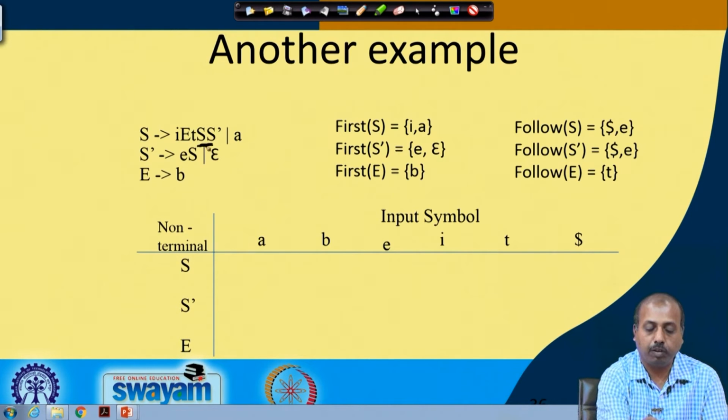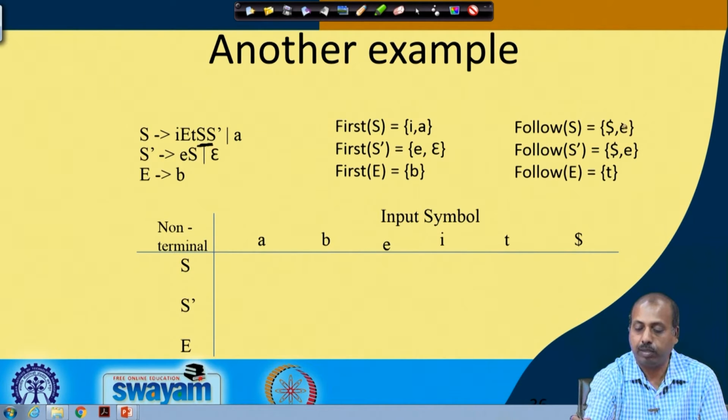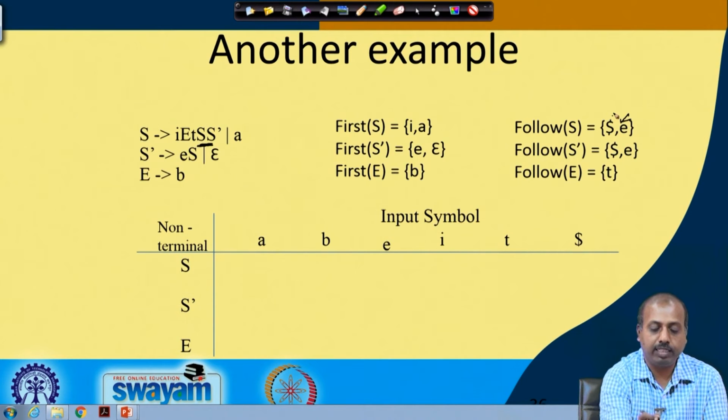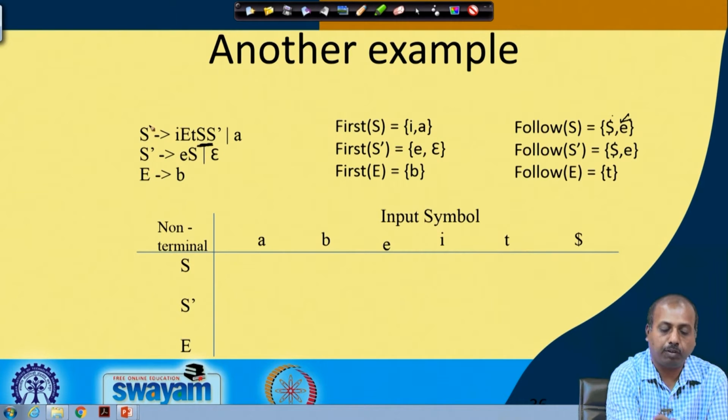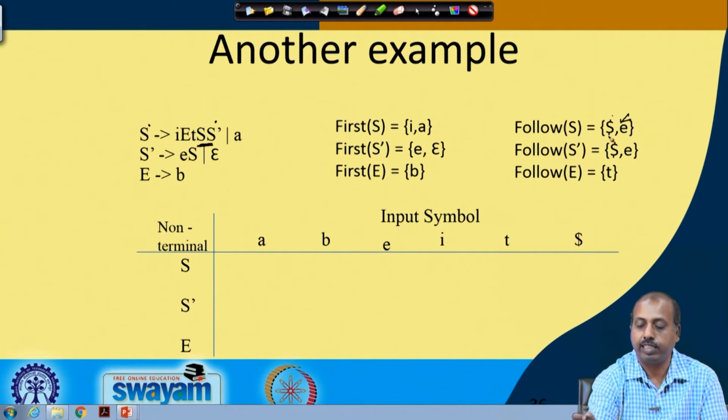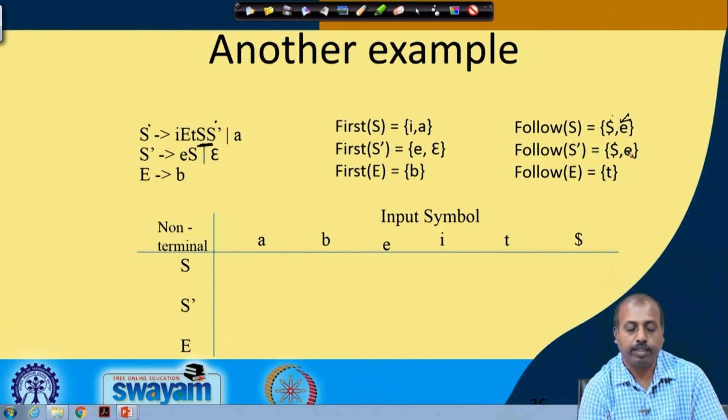So, in follow of S we have added E, and dollar was already there. By this rule, S producing I E T S S dash, whatever is in follow of S can be in the follow of S dash. So, follow of S has got dollar and E, and follow of S dash will also have dollar and E.